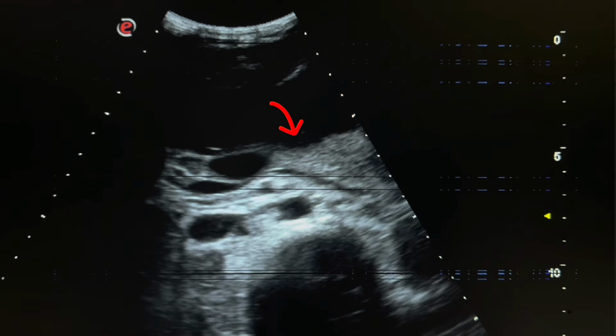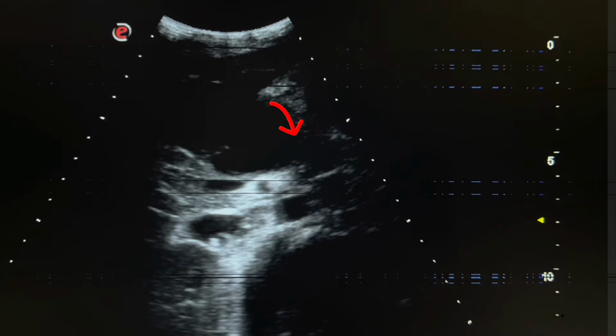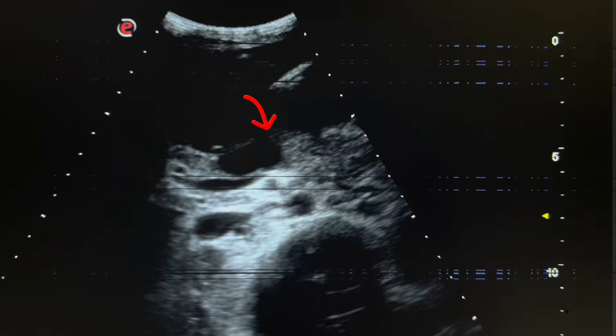Now we continue scanning the pancreas. We see that the cyst is continuous with the body of the pancreas.